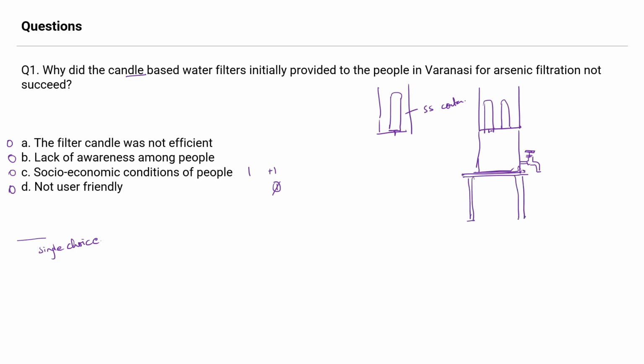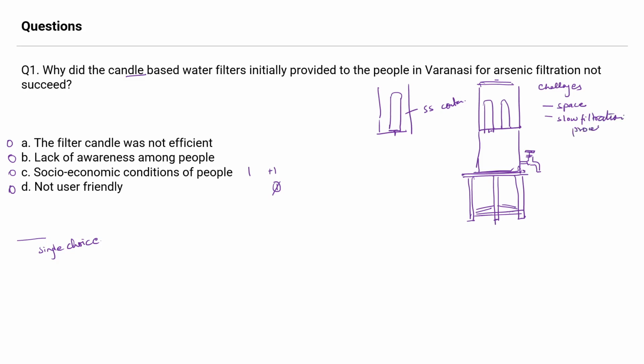Right, sir. Can you tell me how easy or how difficult it is to use it? What are the challenges when you're using it? So the first challenge is we need a separate space to keep it because it is not going to be mounted on the wall. The second challenge is the filtration process is a bit slow compared to the current filtration process.